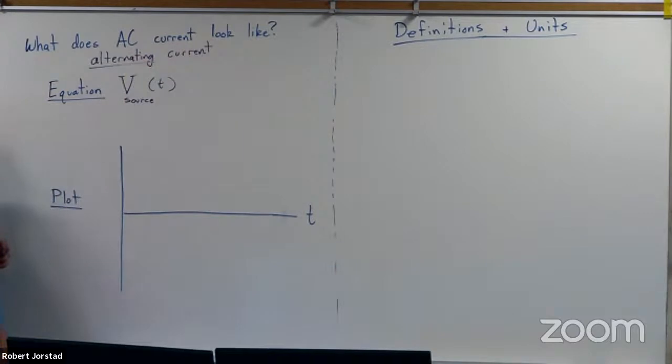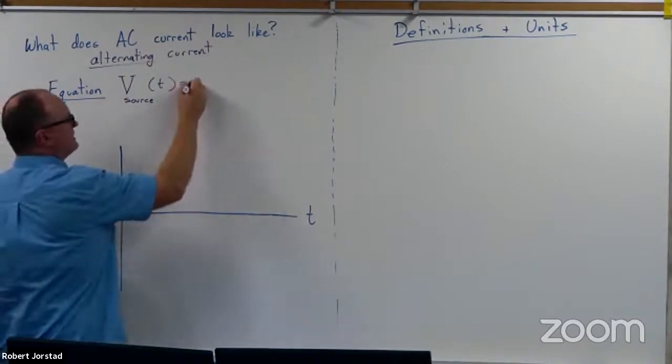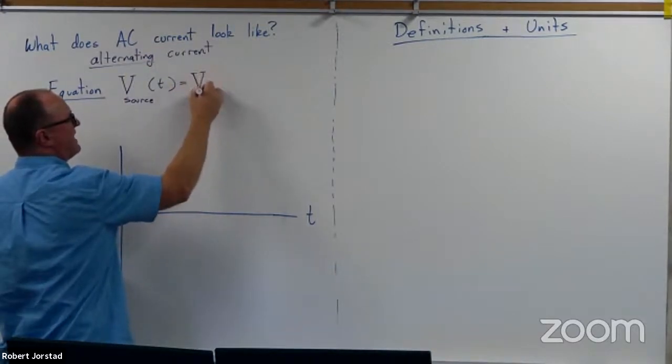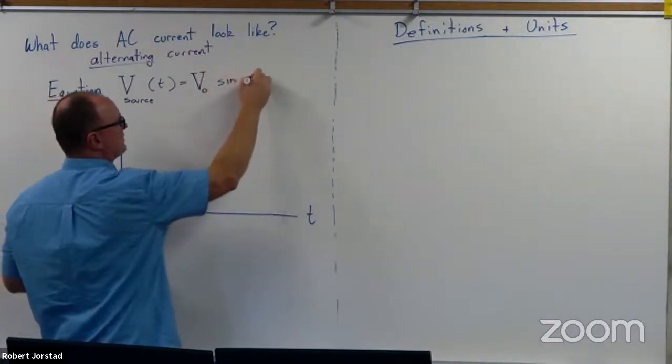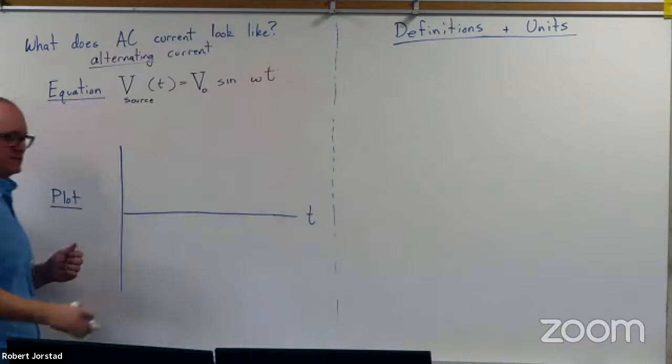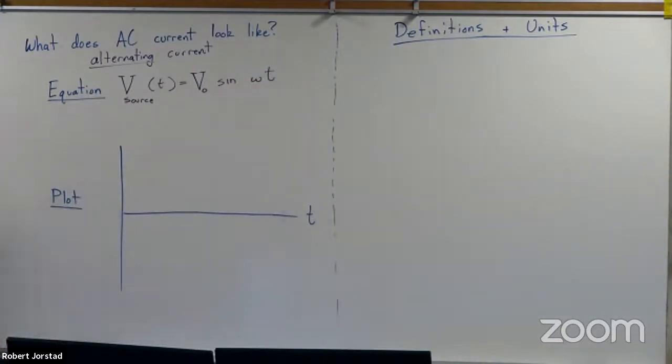Alternating for AC. So what happens here is we get something that's got some amplitude times a sine function or a cosine, but generally speaking, we're going to use sine. Now already we can see we've got some terms in here.